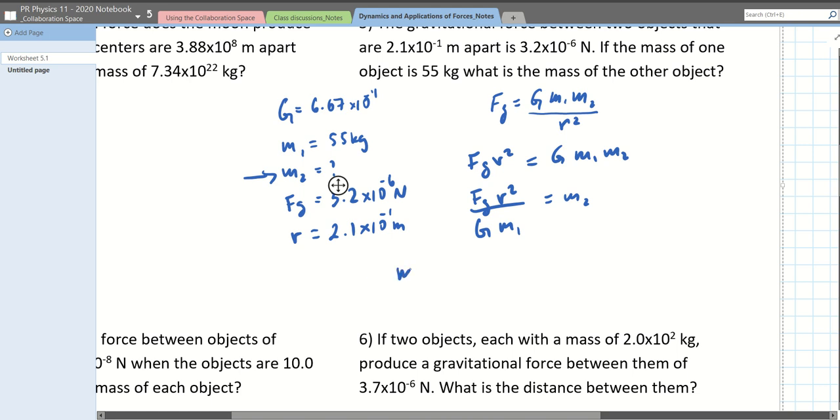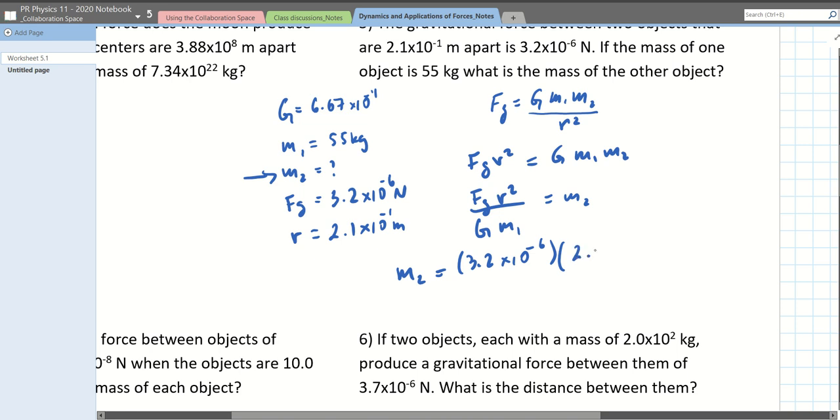So let me write it down here. Again, my Fg here is 3.2 times 10 to the negative 6. R squared, again, don't forget to square the r.